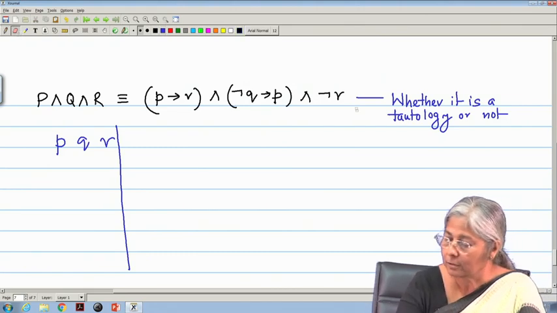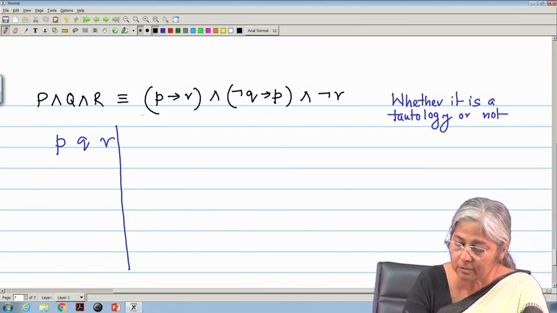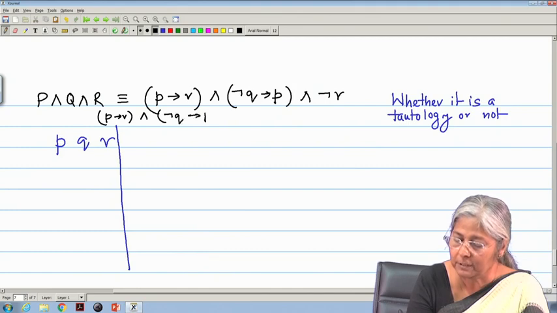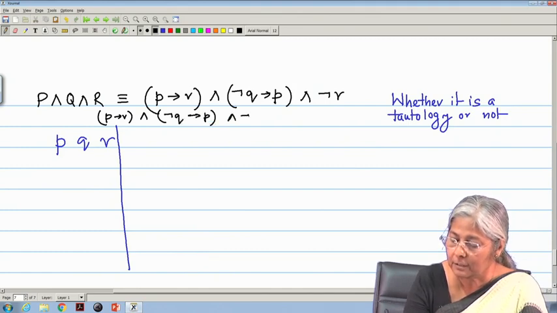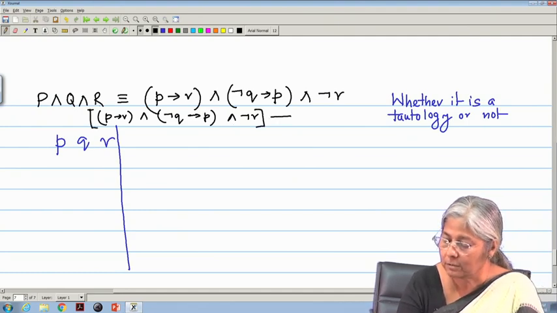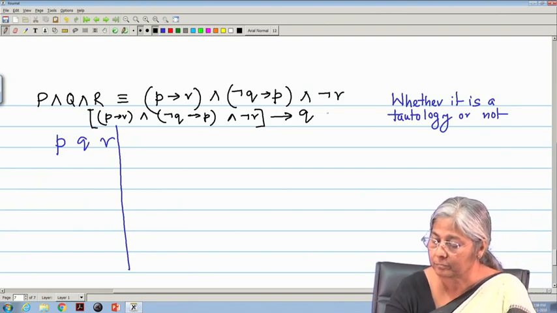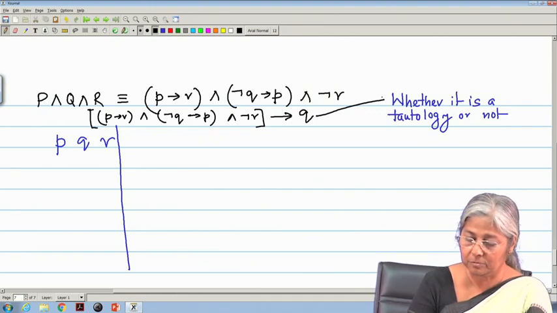We can write that P implies R, and negation Q implies P and negation R, whether this implies Q. This we have to check.